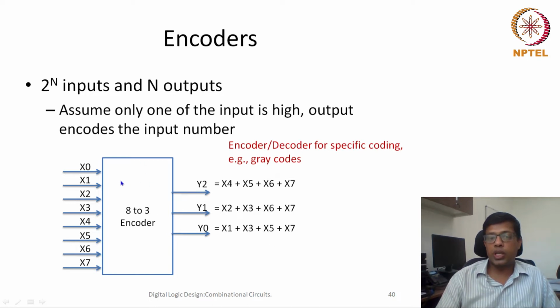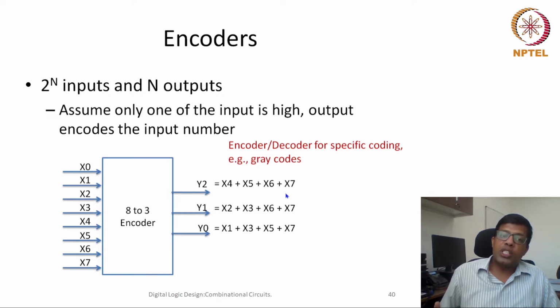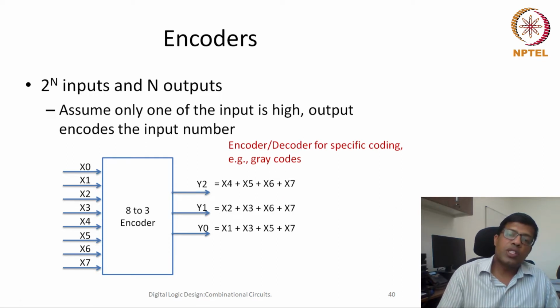It was drawn from the truth table, and from the truth table we took an idea of what the value of the output should be. So if the code is something else rather than binary or decimal, such as gray code, XS3 code or BCD code, then we can create these equations accordingly.